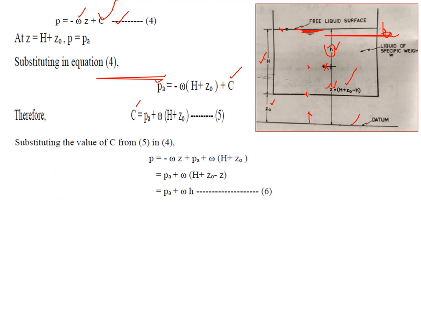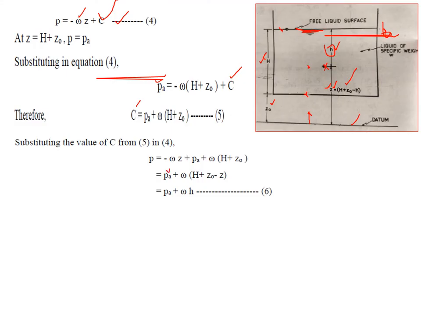So minus omega into z, plus c, which is PA plus omega into h plus z0. Simplifying, we get PA plus omega into h plus z0 minus z.